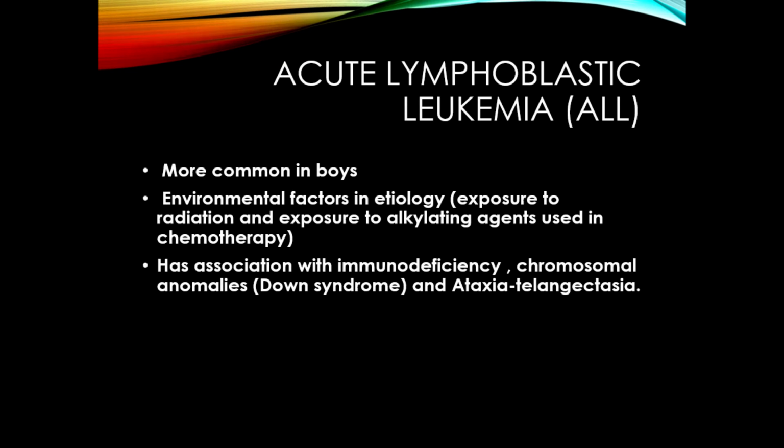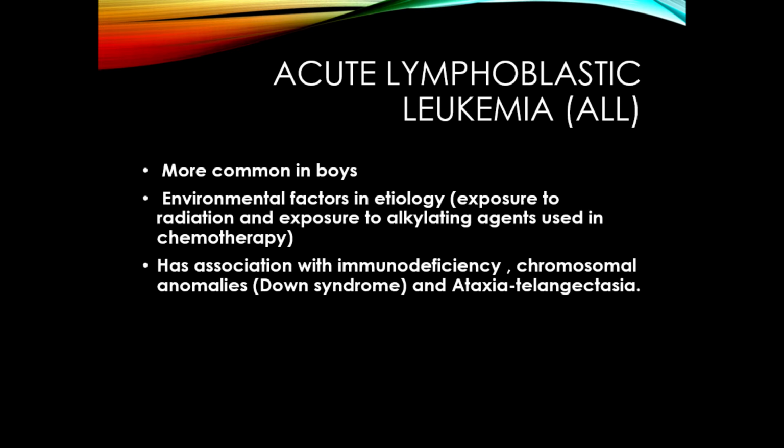Acute lymphoblastic leukemia is more common in boys than girls. It is associated with some environmental factors and etiology, such as exposure to radiation and as well exposure to chelating agents used in chemotherapy. That is to say, sometimes patients are having some sort of malignancy and they are being offered chemotherapy, and they end up having acute lymphoblastic leukemia as a side effect of the treatment.